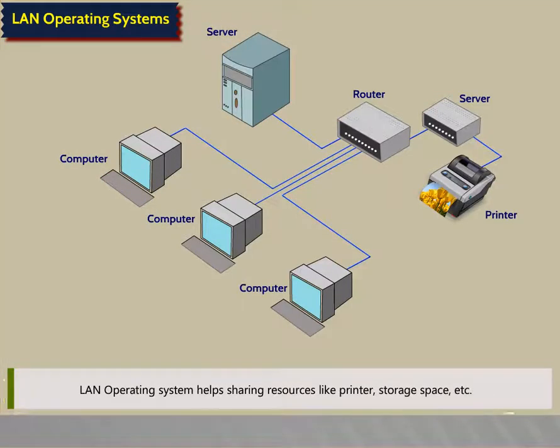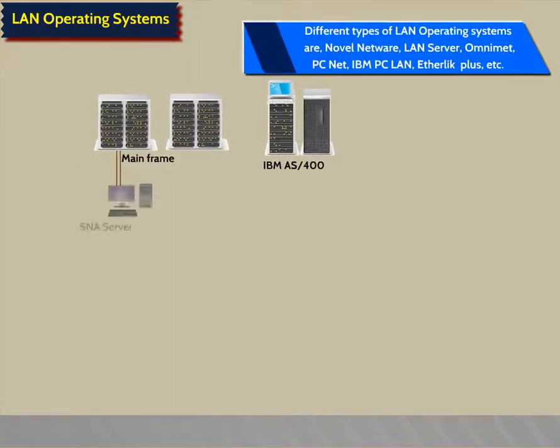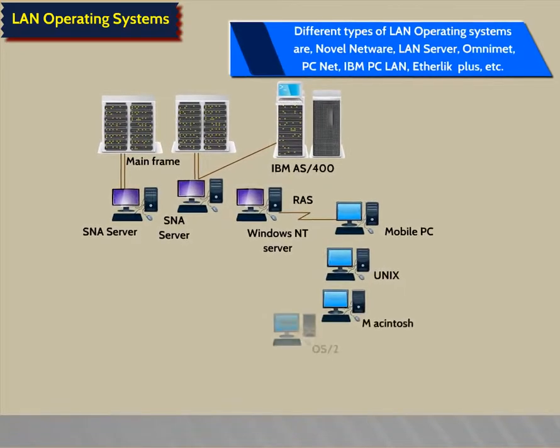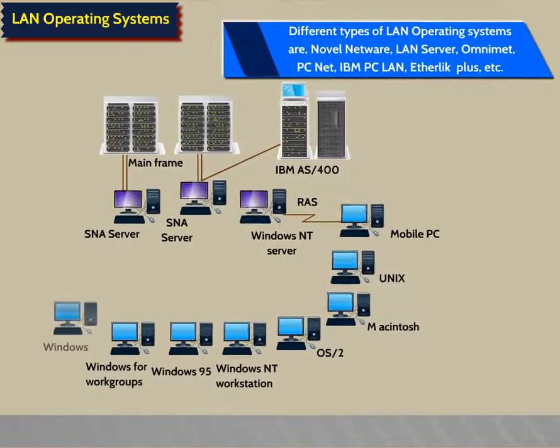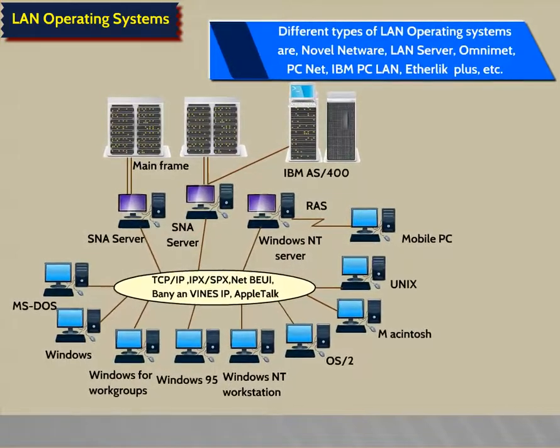LAN operating systems help sharing resources like printer, storage space, etc. Different types of LAN operating systems are Novell Netware, LAN Server, OmniNet, PCNet, IBM PC LAN, Etherlink Plus, etc.